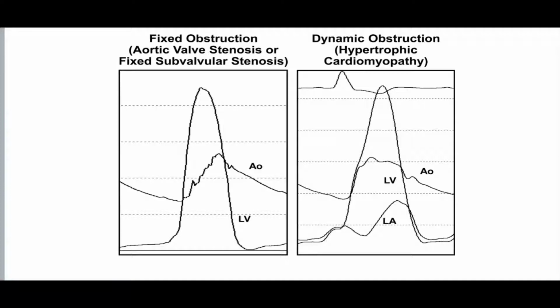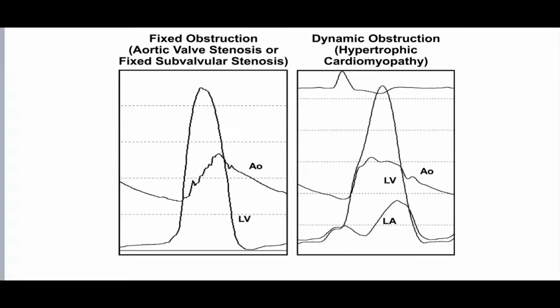The fixed obstruction, for example aortic stenosis, will not be affected by volume or pressure or anything. Not like the dynamic obstruction, like in HOCM or hypertrophic cardiomyopathy, where it could be changed by other physiological parameters. Very good.